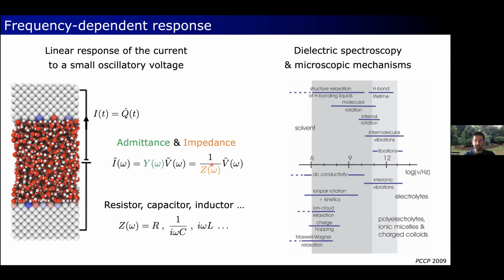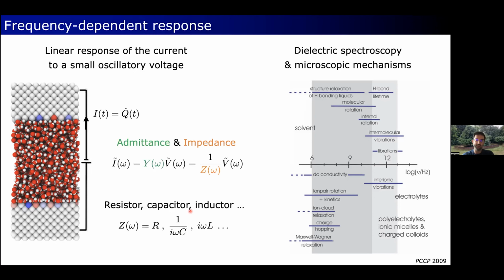And you are probably familiar with the impedance of a resistor, which is simply the resistance, the capacitor, which is 1 over i omega times the capacitance, or for an inductor. And this kind of measurement is routinely used to characterize electrochemical devices.